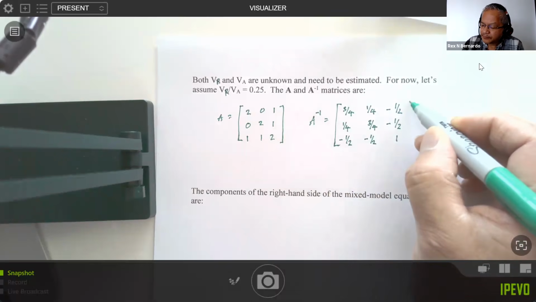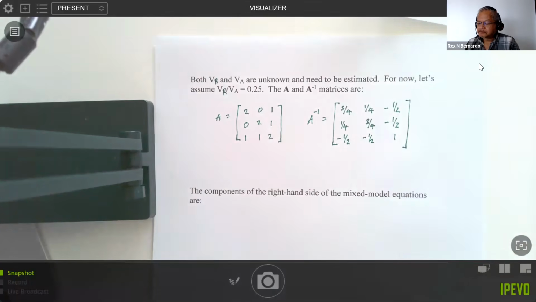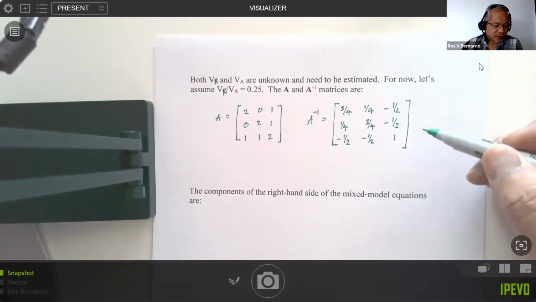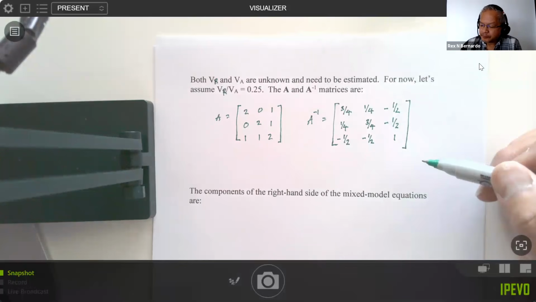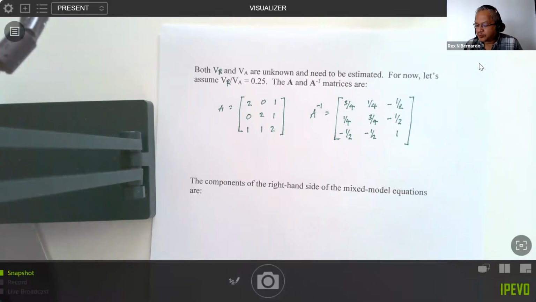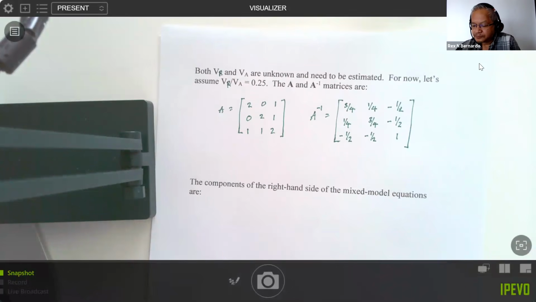Okay. And again, we put this down because we need that result later on to put together the mixed model equations.